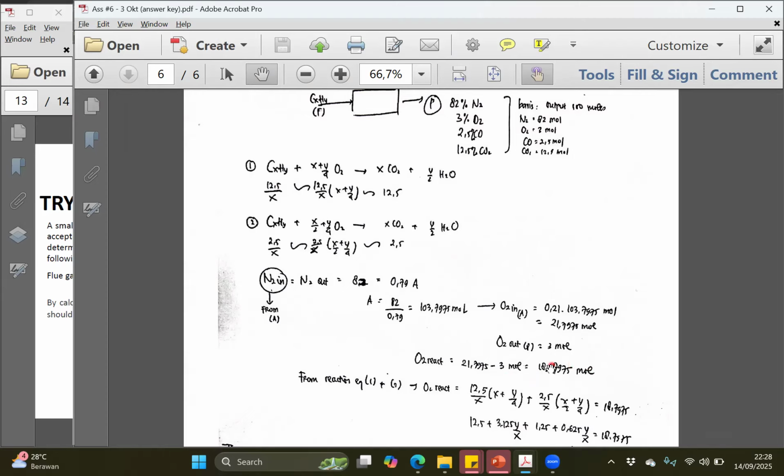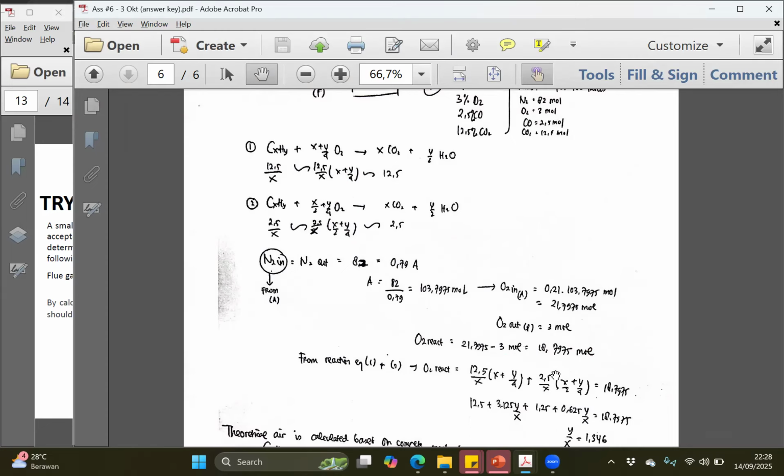From these two chemical reactions, you know the moles of oxygen actually used inside the furnace, in the form of X and Y, and this one is in the form of a number. So I can put this into one equation: this one plus this one equals this one.